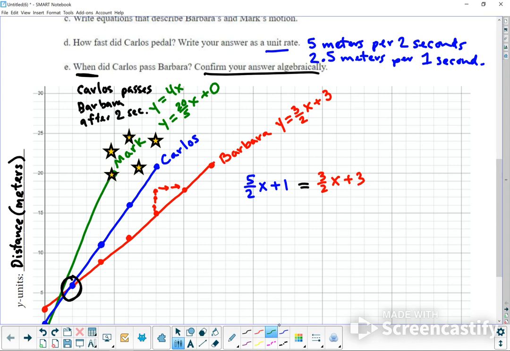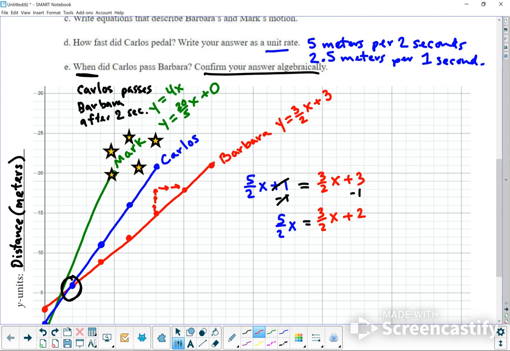So to solve it, we can go ahead and, let's see. Let's subtract 1. Okay, we will have 5 halves x equals 3 halves x. Oops. I meant that to be in red. Equals 3 halves x plus 2. Because 3 plus negative 1 is positive 2.